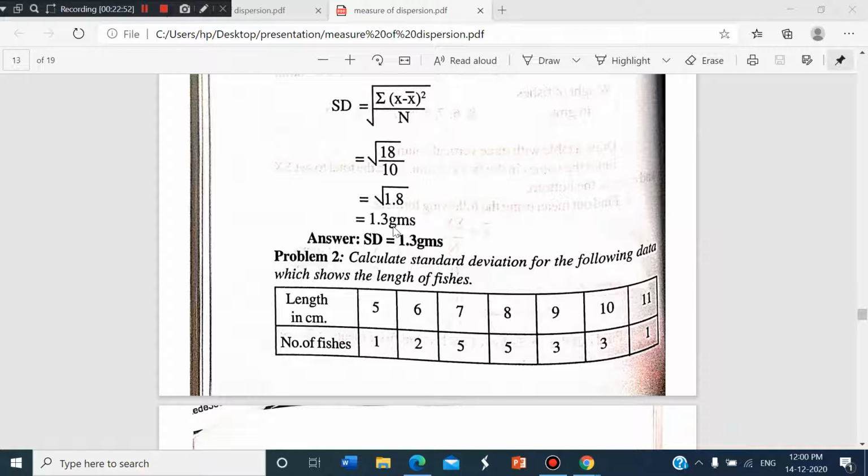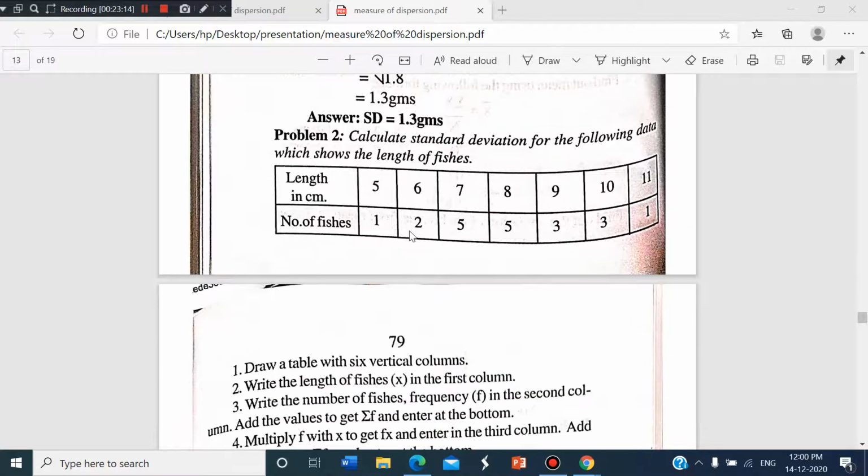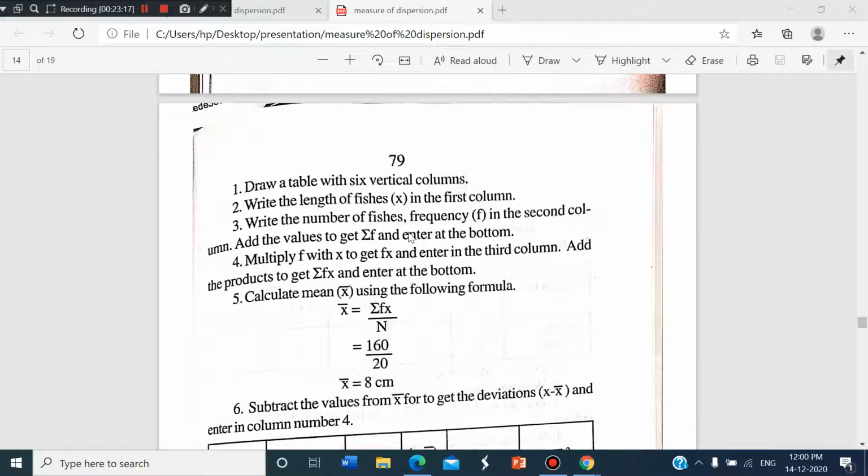One fish measuring 5 centimeters, two fishes measuring 6 centimeters, five fishes measuring 7 centimeters, five more fishes measuring 8 centimeters, three fishes measuring 9 centimeters, three fishes measuring 10 centimeters, and one fish measuring 11 centimeters. That's the group data. Now, for the purpose of calculation, you have to draw 6 vertical columns. Length of the fish you write in the x column.